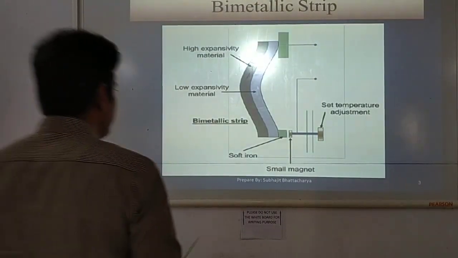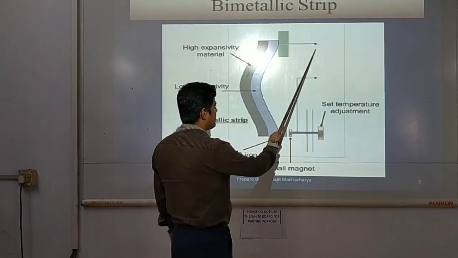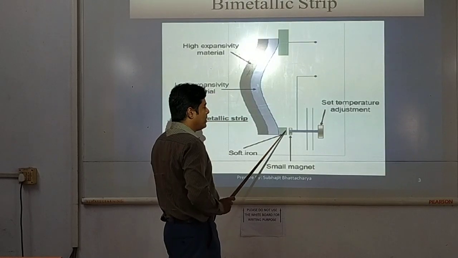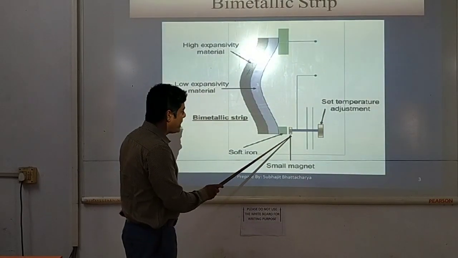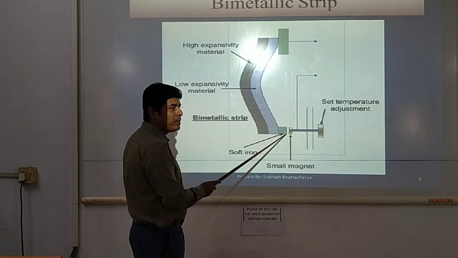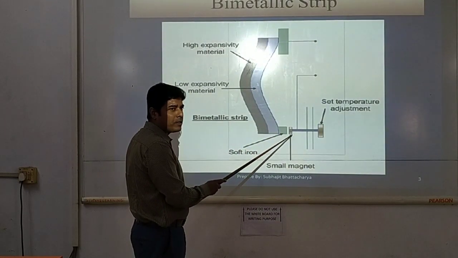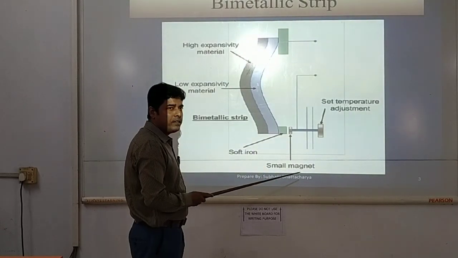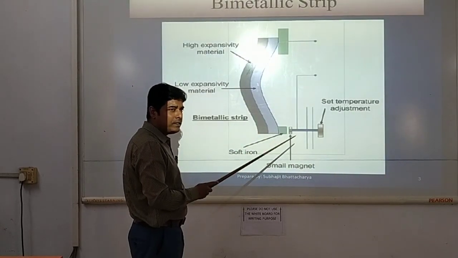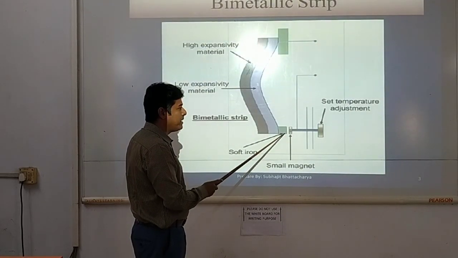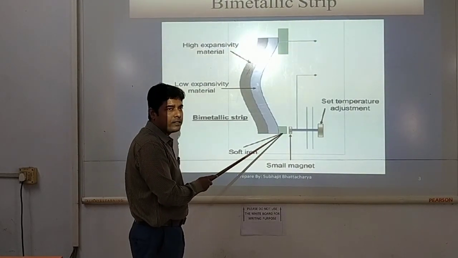So whenever there is a touch, an electrical contact is made, and as a result something will happen. Now if this small magnet and soft iron are there, suppose at that particular temperature it makes contact, the heater is off, and the temperature is decreasing. But due to the soft iron and small magnet, they will not detach immediately.